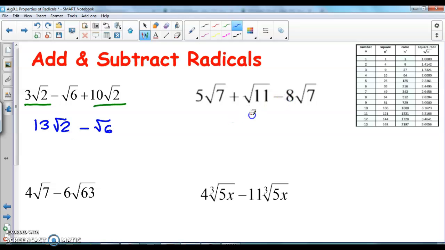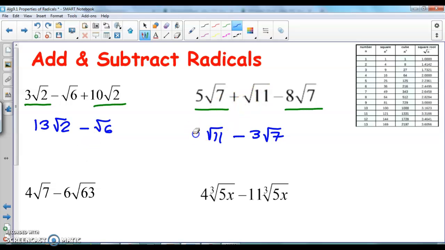Let's look at this example. These two have the same radical expression, so they can be combined, right? This one, we leave it as it is, so we copy it. That's a radical 11, and then what's 5 minus 8? That's negative 3, and then we bring down radical 7. Now maybe you're wondering what order I'm following, because here I combined first before I copied the expression that can't be simplified.